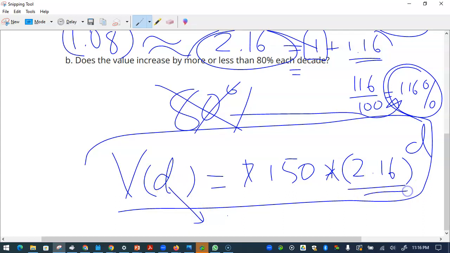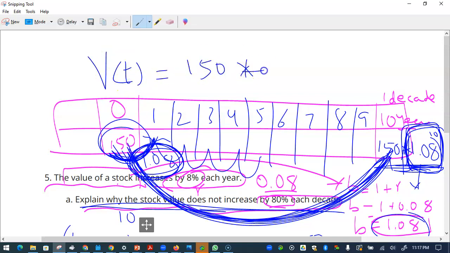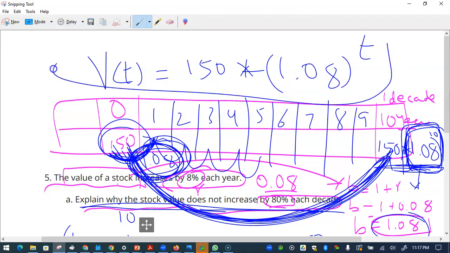That's what this means. But now we are using every year. So the value at T every year is, original was 150 and now it is 1.08 raised to T. That's how it is.